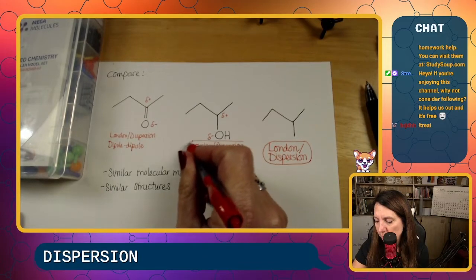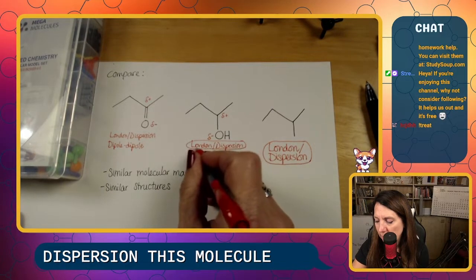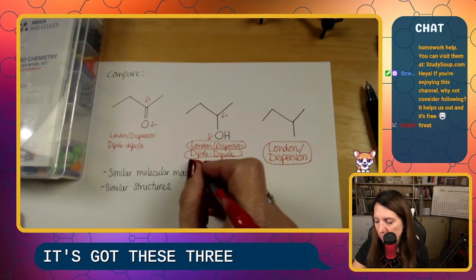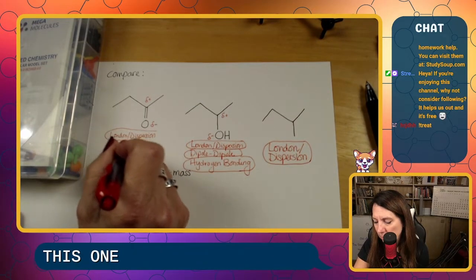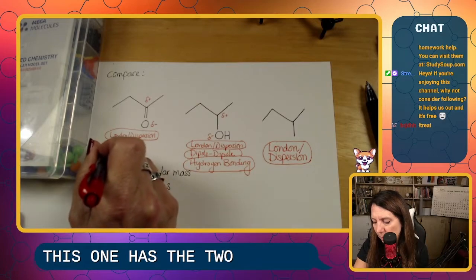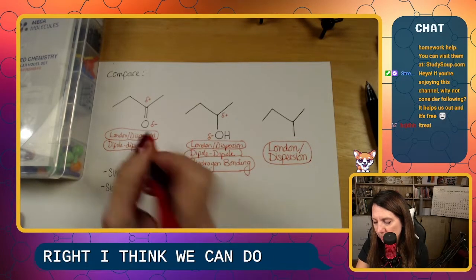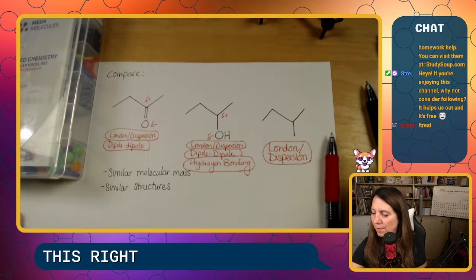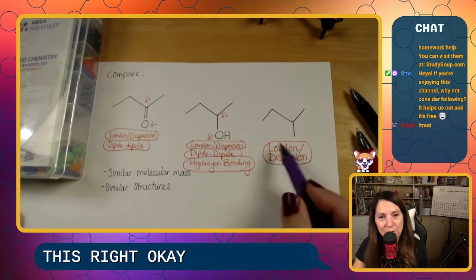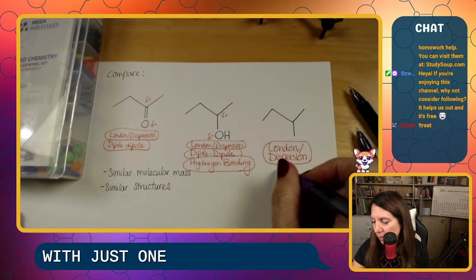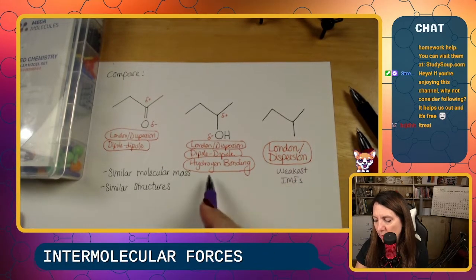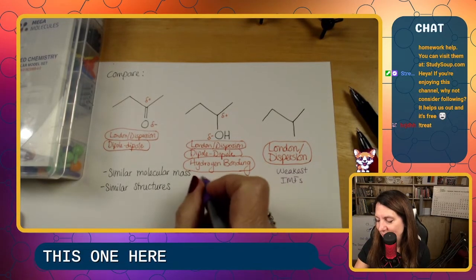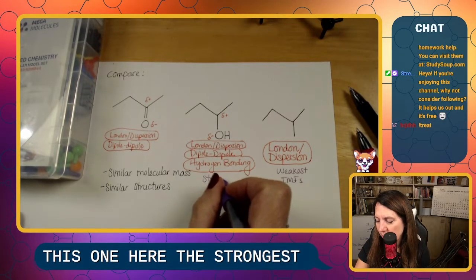This molecule has these three, and this one has the two. I think we can do this, right? The one with just one will have the weakest intermolecular forces, and this one here, the strongest. It's got all three of those.